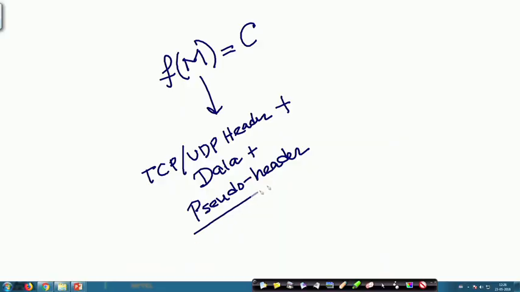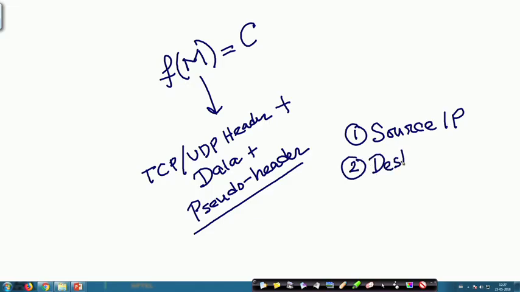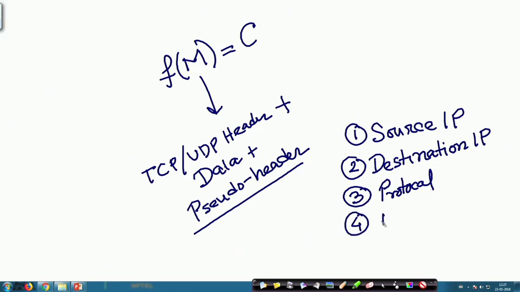So, what is the content of this pseudo header? The content of the pseudo header is the source IP, the destination IP, then the protocol field from the IP header. So, it takes certain fields from the IP header, and the fourth is the reserved bits.